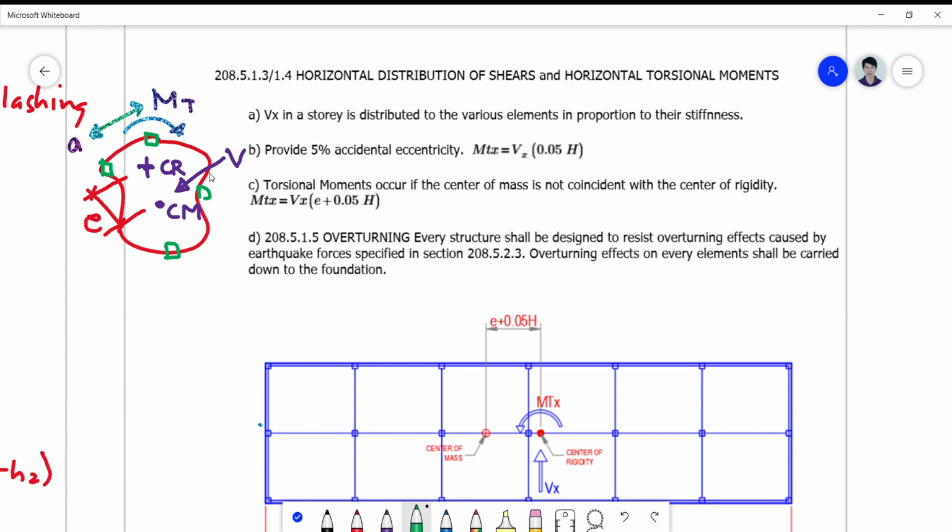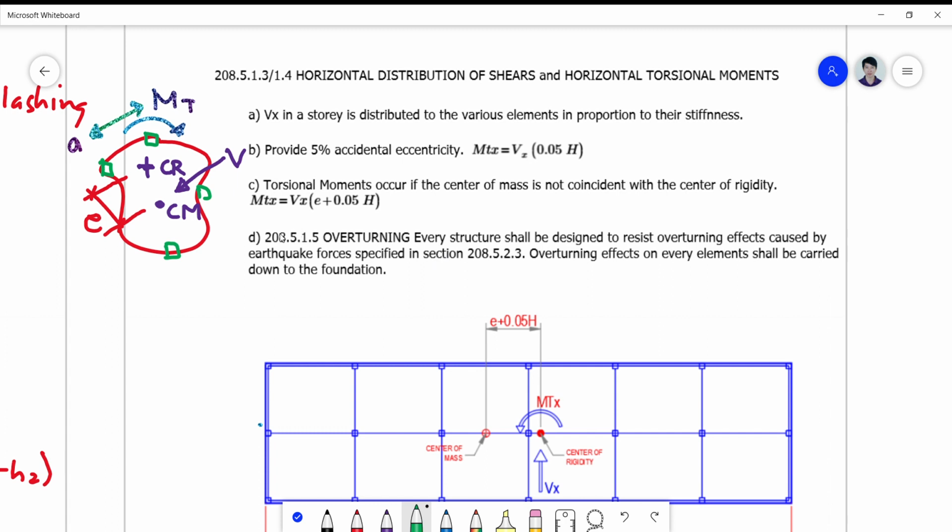It will be based on the distance of the center of rigidity from the individual column in question. This is the reason why we have to distribute it horizontally or laterally based on the torsional moments.